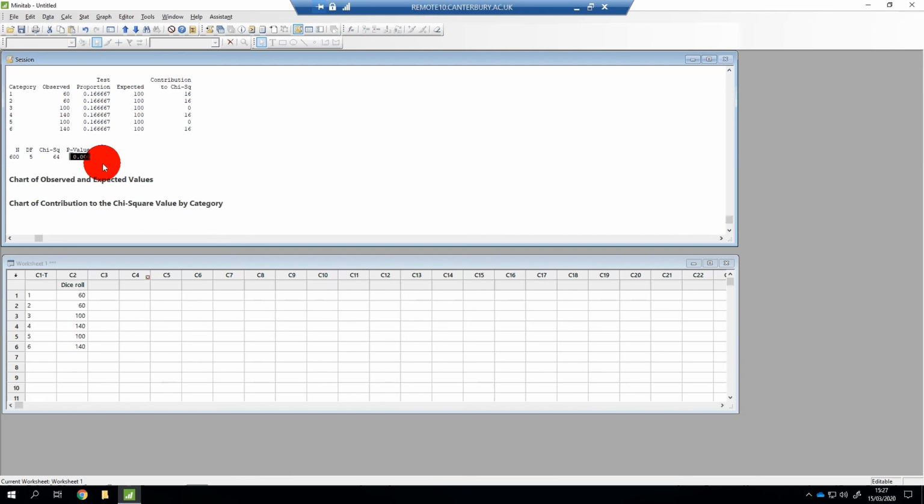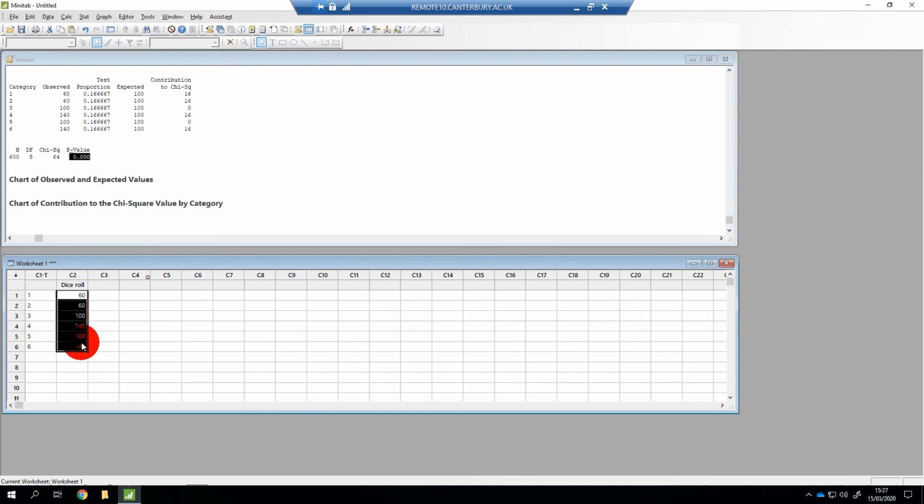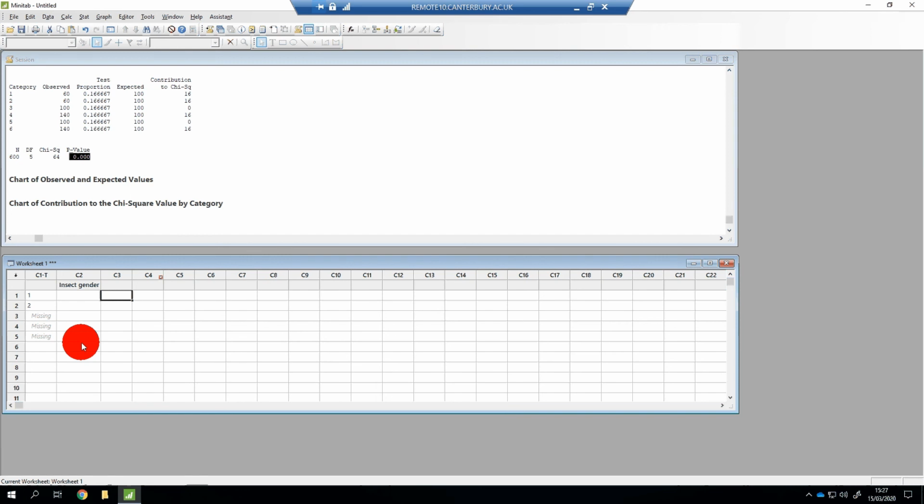Now, let's look at an example where we would not expect to get even results. Let's say, for example, I would check in a population of insects, so insect gender, and I've checked how many males and females there are in this insect population. Let's say I have 1,245 males and 1,672 females.